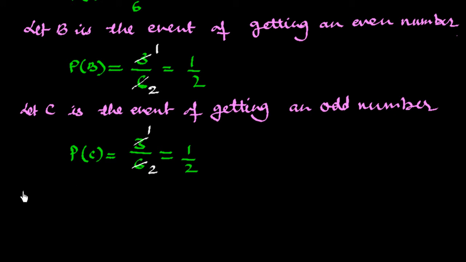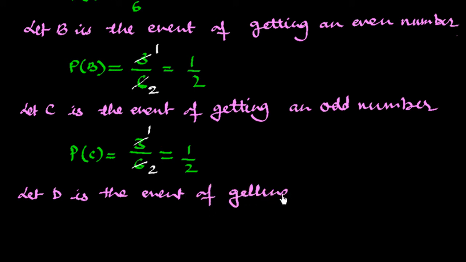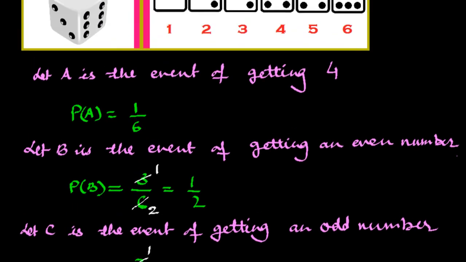Now we see another experiment. Let D be the event of getting a prime number. So look at here, how many prime numbers we have.